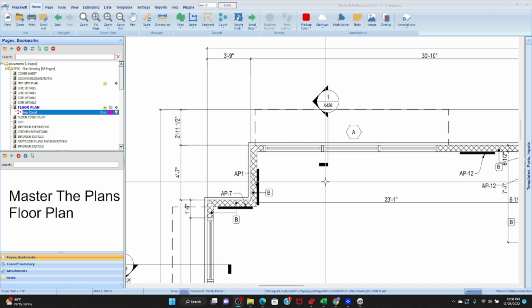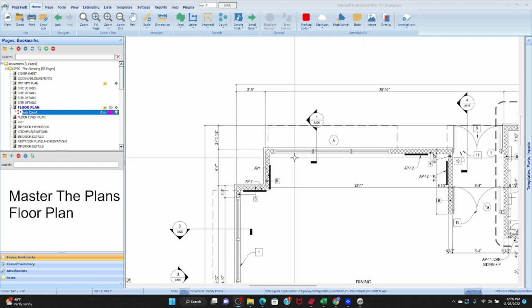Okay, so we know that this symbol is a section view marker, and the purpose of the section view marker, again, go review the basics video on section view marker and on the views. Okay, so the purpose of the section view marker is to talk to the framer when the architect's not around.